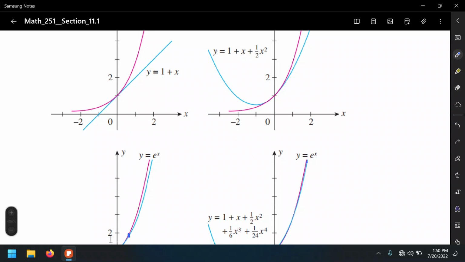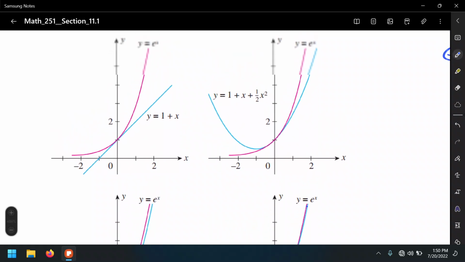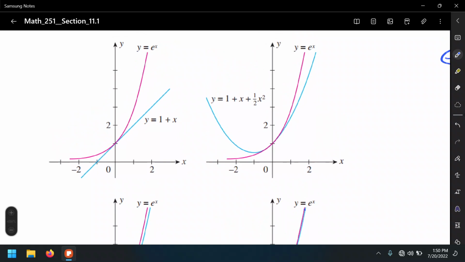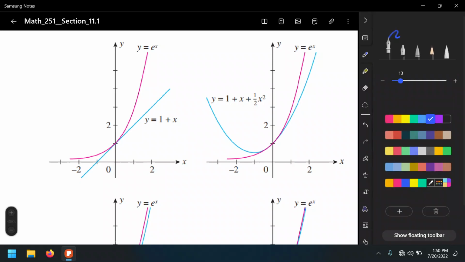So for example, in this case, what do we have? We have the exponential function with the first degree of Taylor expansion, or the linear approximation. Now, suppose that we want to know what the error will be within the range, say from -1 to 1.